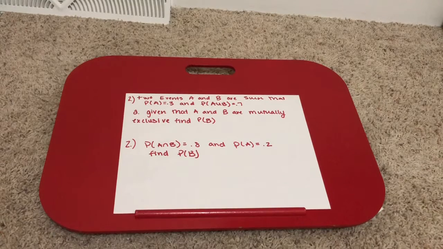The first part says two events, A and B, are such that the probability of A equals 0.3 and the probability of A union B equals 0.7. Given that A and B are mutually exclusive, find the probability of B. All you have to do is use the mutually exclusive formula and solve for B.